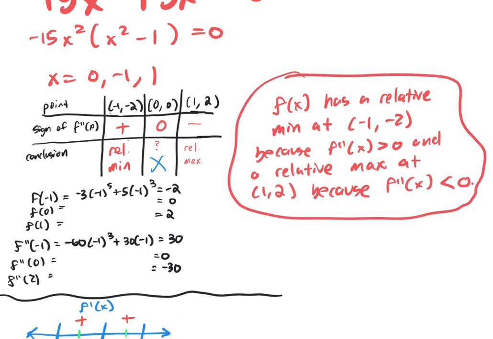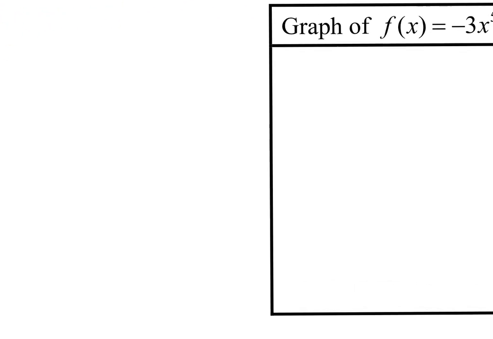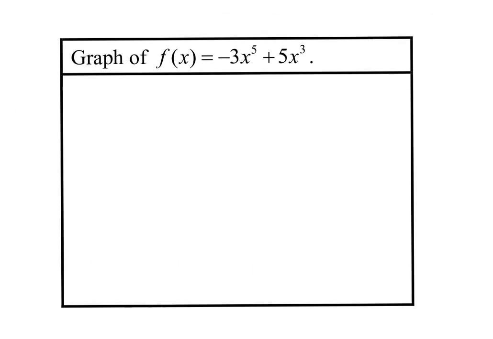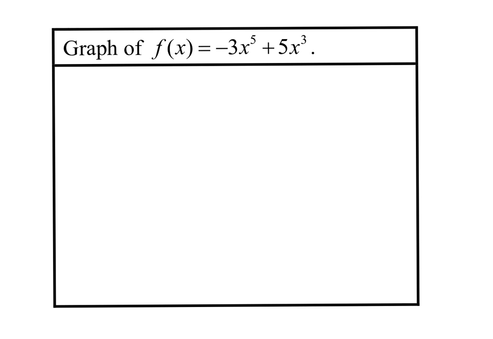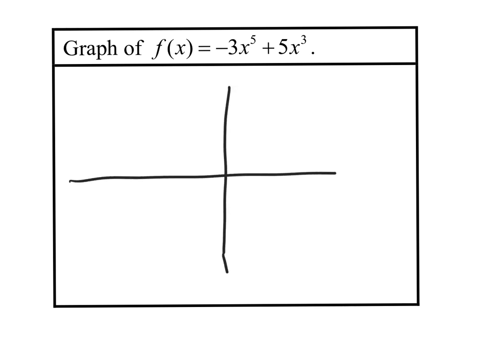Now, a couple points I do want to make here real quick. If you were to graph this, okay, you would confirm everything that we just discovered. Okay, so I'm going to just draw a quick rough sketch of this graph.